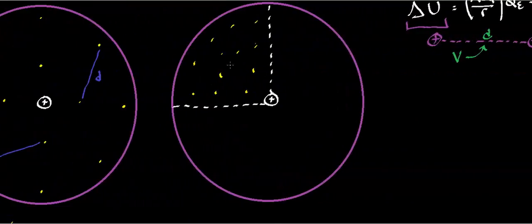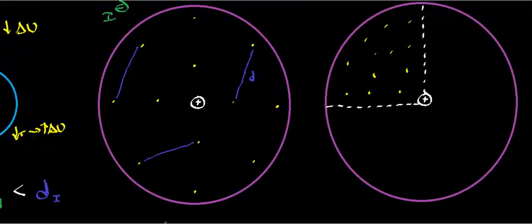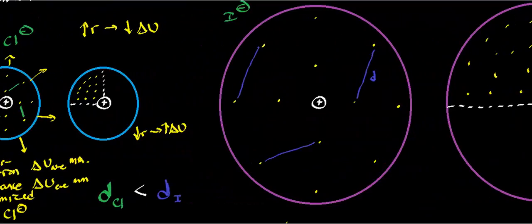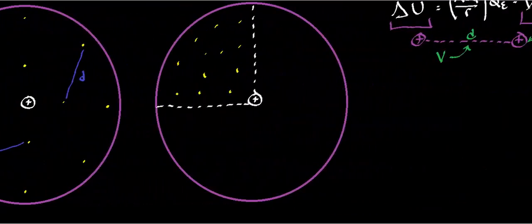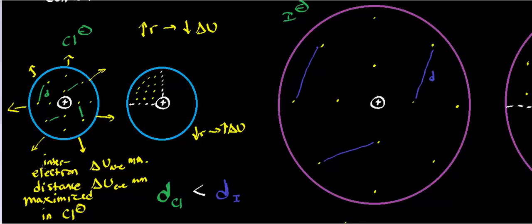Here the distances are a lot larger. Here they're a lot smaller, so iodide should have the lower potential energy even when the electric field is applied because there's more volume for the electrons to occupy. And that ultimately has to do with the size of the atom, therefore the radius.